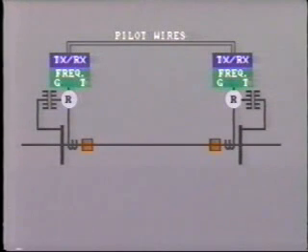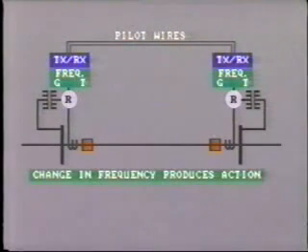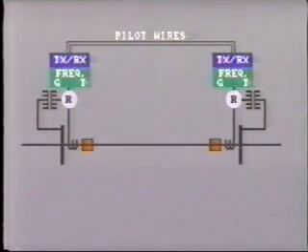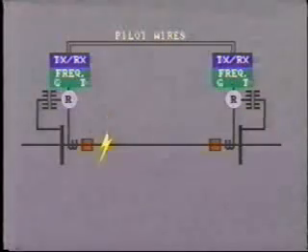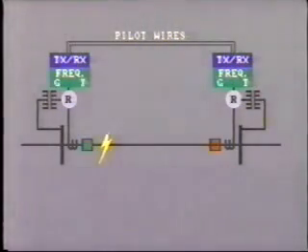Another method more commonly used today initiates a change in signal frequency to produce action at the far end. In this arrangement, under normal operating conditions, both transmitter and receiver are switched on all the time, and a signal is flowing continuously at a specific frequency. When the relay detects a fault, it will switch or key the transmitter to a different frequency.